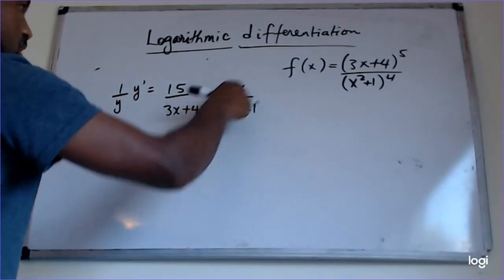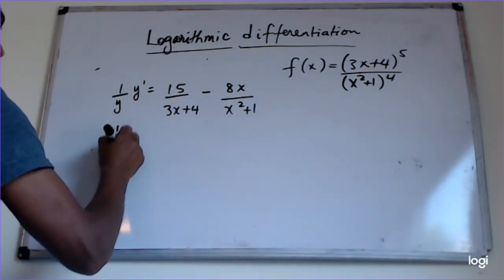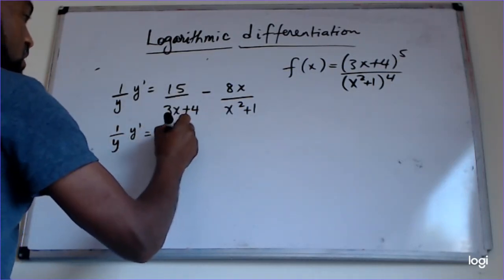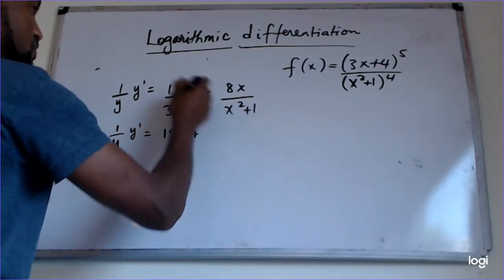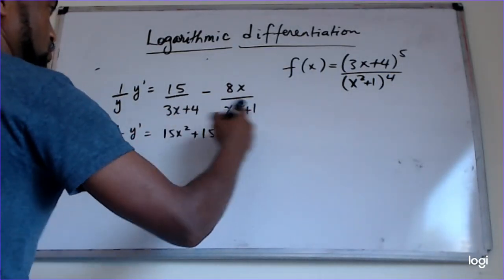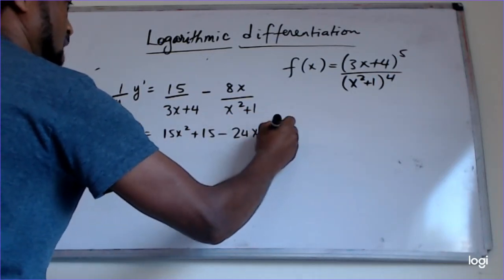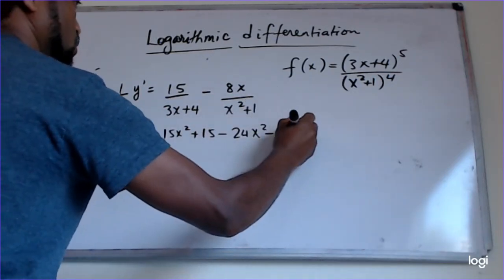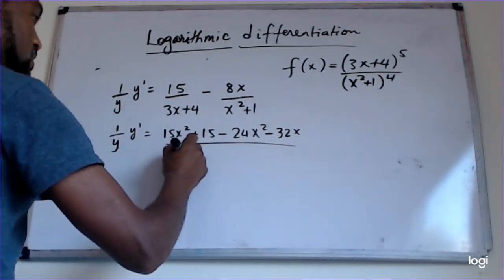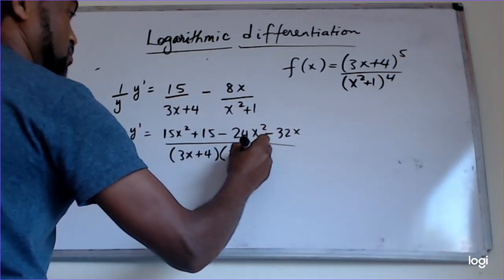If I combine these over a common denominator, this will be 1 over y times y prime equals 15x squared plus 15 minus 24x squared minus 32x, divided by (3x plus 4) times (x squared plus 1).